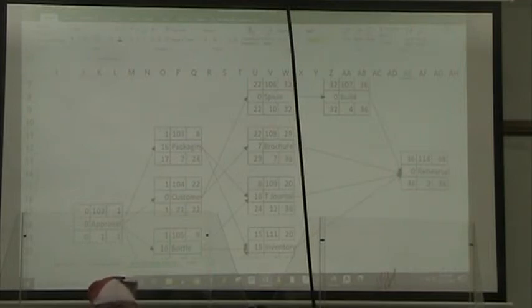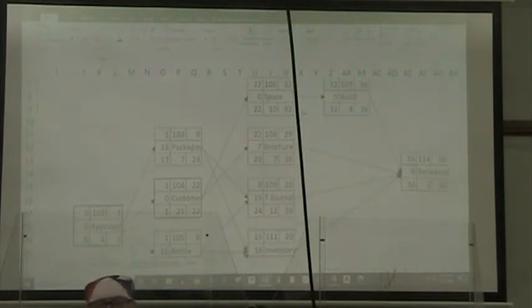Okay, so that means that approval is on the critical path. Our identifying customers is on the critical path. Identifying a space at the trade fair is on the critical path.